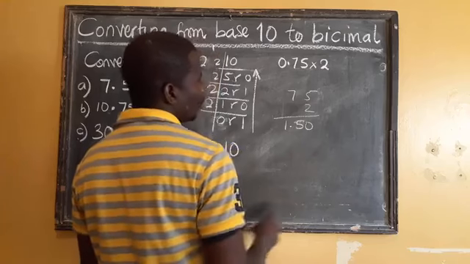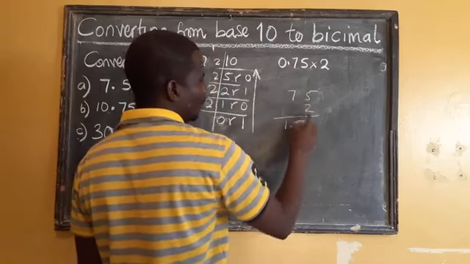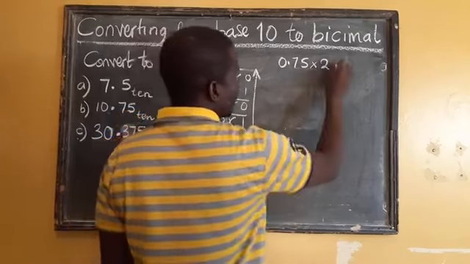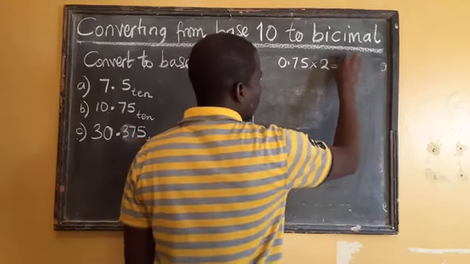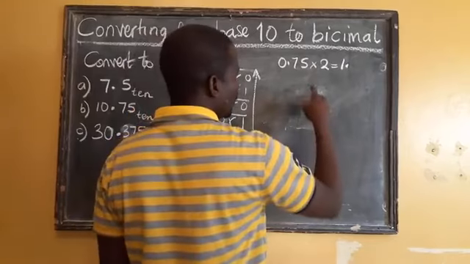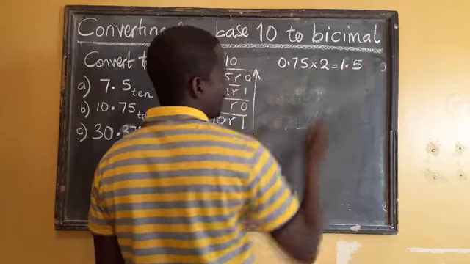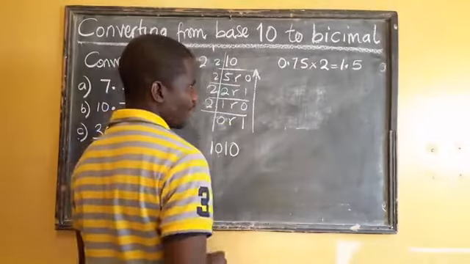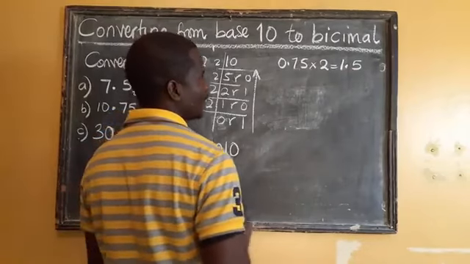When you multiply, this will be 0, this will be 14, so you get it like 1 point, isn't it? It will be 1.5. That's what we are going to get. 1.5. So take note of that.